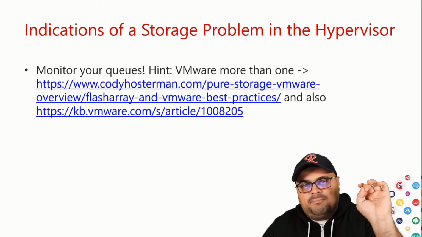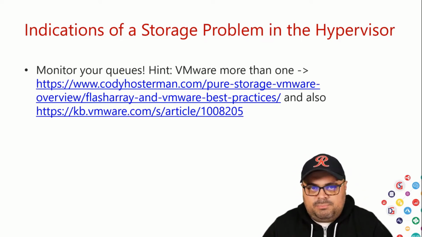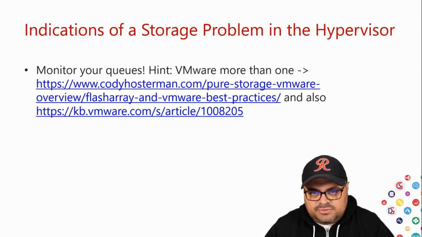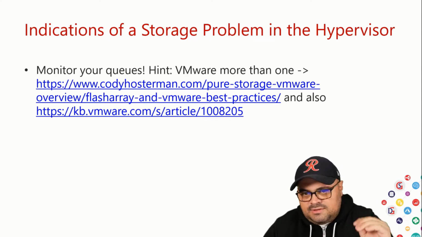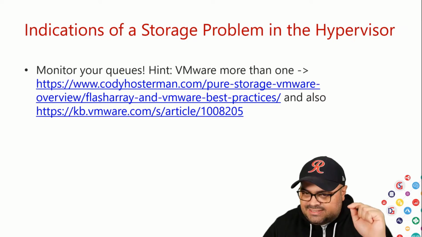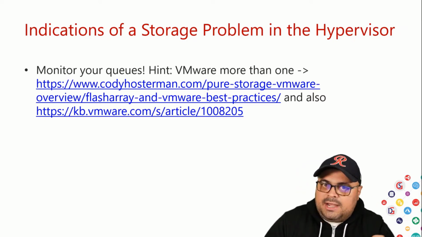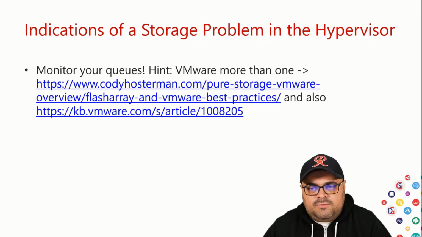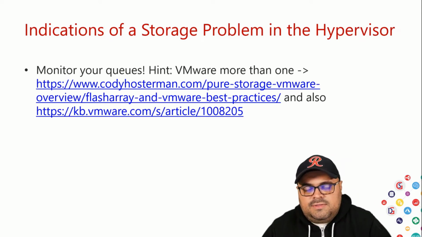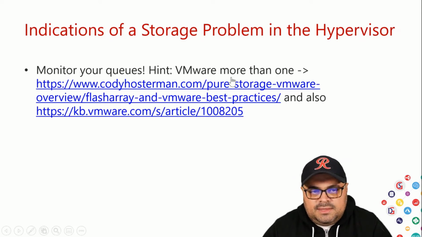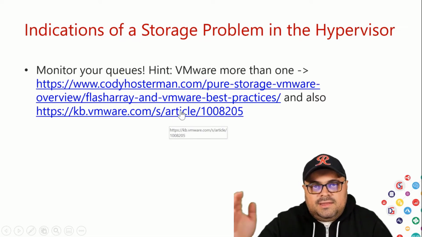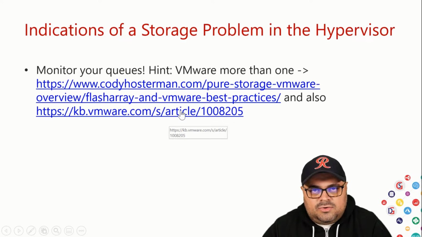So I refer people to this blog post that was beautifully written by my coworker, Cody Hosterman, that shows you exactly all the different queues within VMware, exactly what they mean, and how you can tell whether there's a problem or not in your storage subsystem within VMware. The other article that you see here, at the bottom, is kind of the basis for Cody's blog post here.